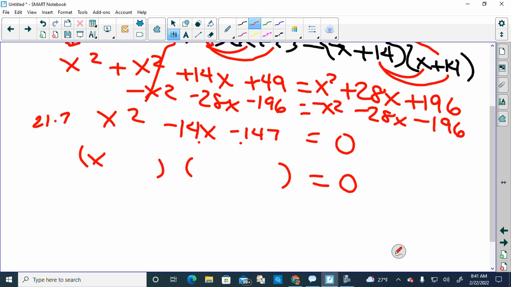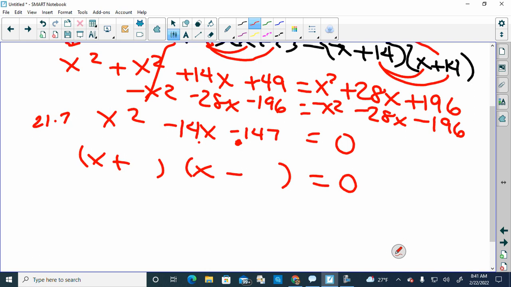So I'm going to have an x and an x. What are my signs going to be based on that? Different. One's a plus, one's a minus. Okay, so there's a rule that we learned. We take the larger number and put it behind the sign of which one?